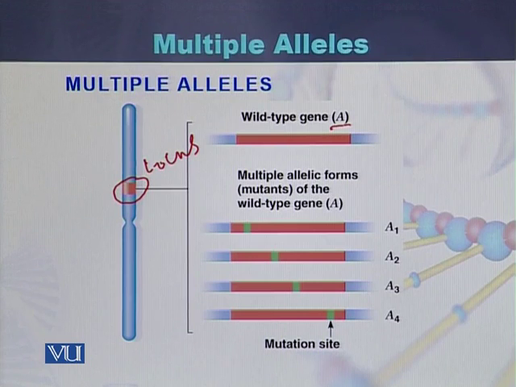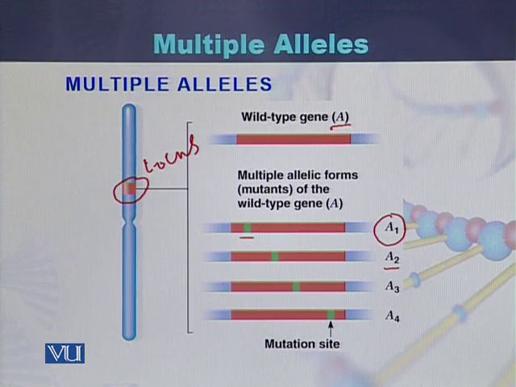Here we can see an allelic form, A1, where there is a change or a difference at a particular position, and there is another alternative form of this wild type allele, that is A2.